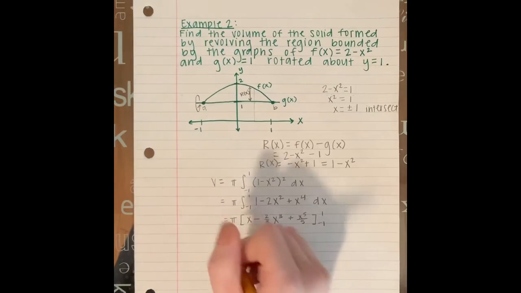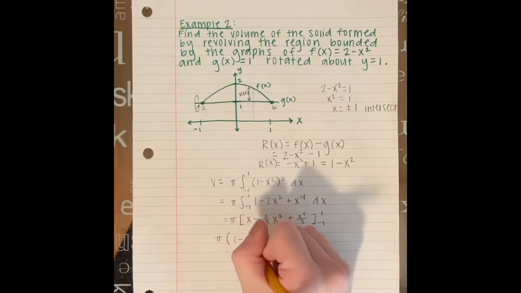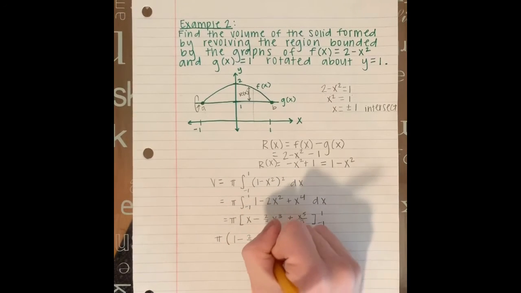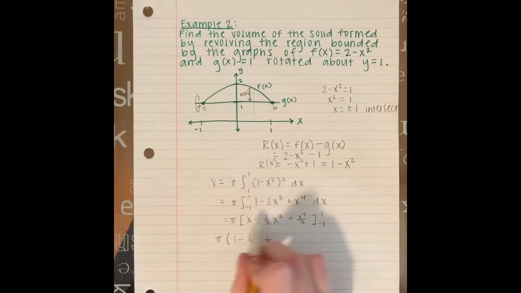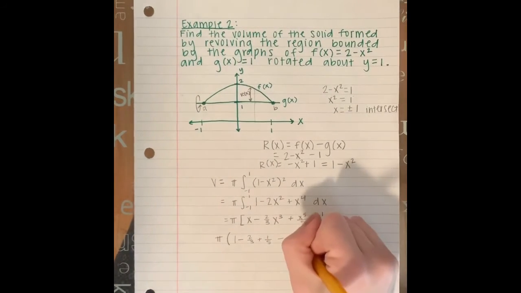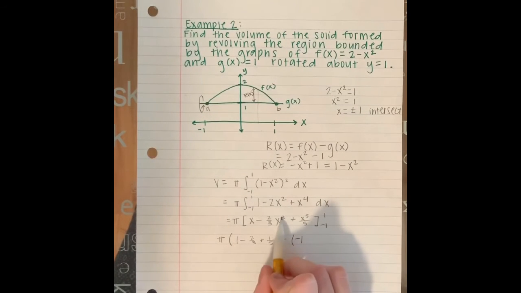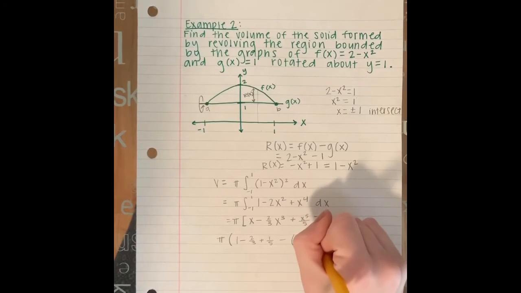And then you'll plug in 1. So pi times 1 minus 2/3 plus 1/5, that's plugging in our 1, minus, plug in negative 1. This right here will be negative 1, so plus 2/3.